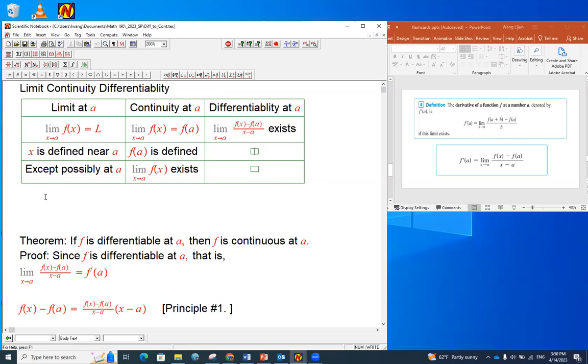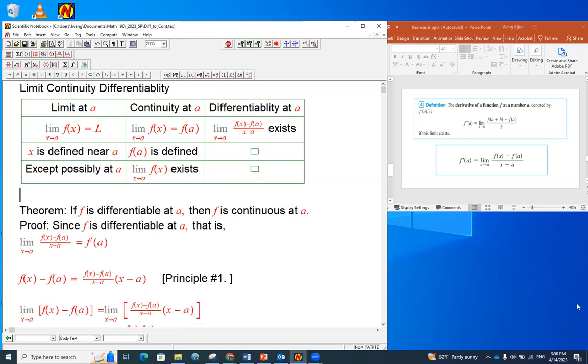But from the theorem we just proved, differentiability guarantees continuity.